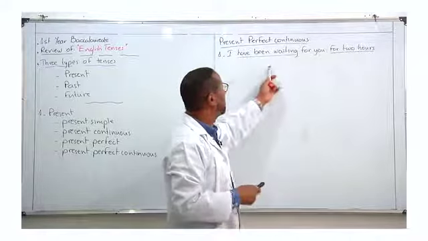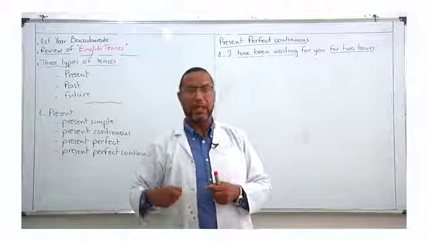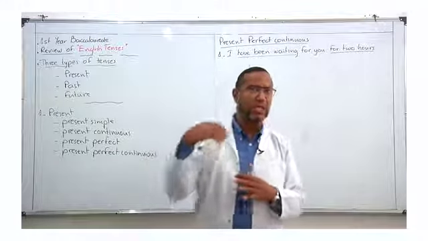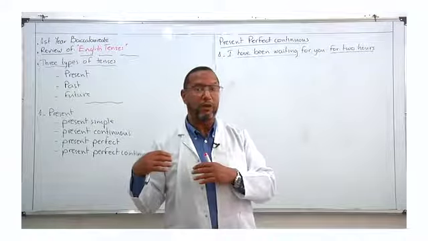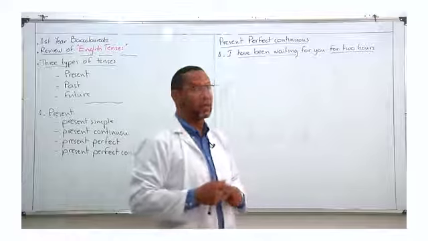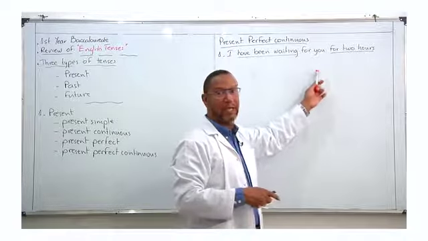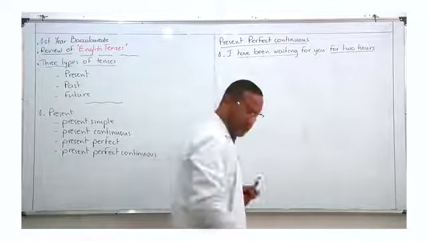So I have been waiting. We use it normally to give more focus that the action started and continued for more than necessary, or that the results of the action that is finished in the past also lasted for a long time until it becomes really annoying. Now, this is for the present forms.